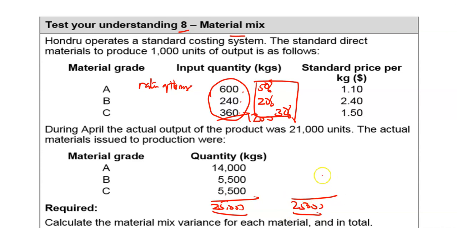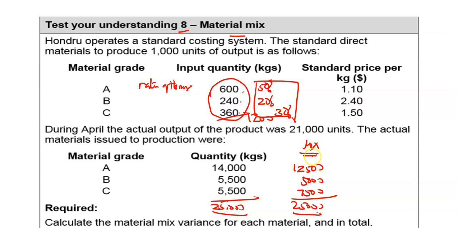What we should have had was a mix of 50%, so 12,500 of A. We should have had 20% of B, which is 5,000, and the balance is 7,500. This is the mix we recommended in order to make this product.